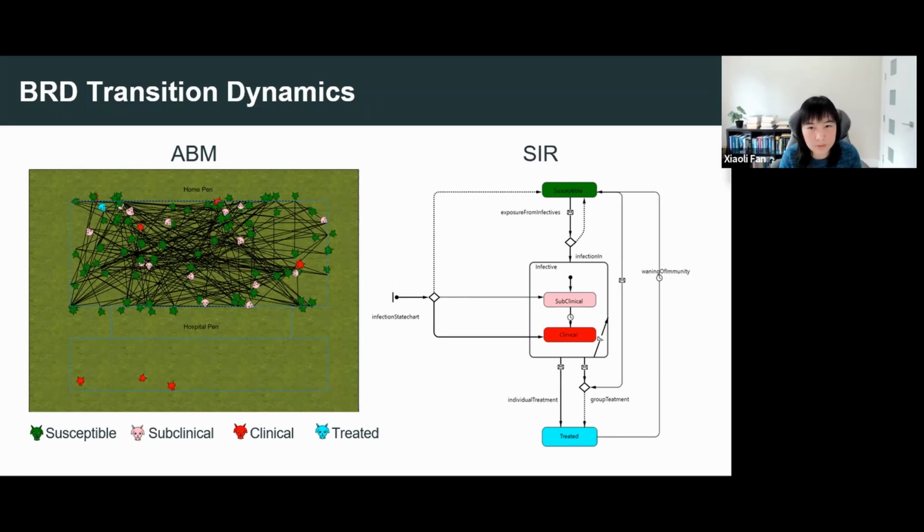One cattle could be connected with quite several other cattle. And on the right, those are the SIR model, and there were 4 different disease statuses, and the colors are linked with the agent-based model on the left.